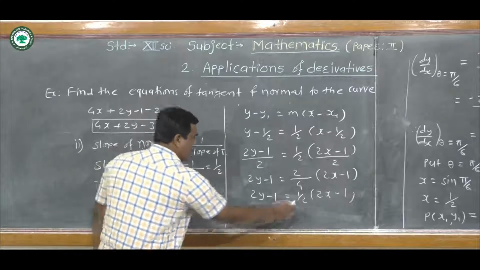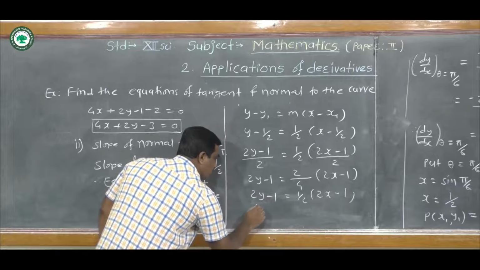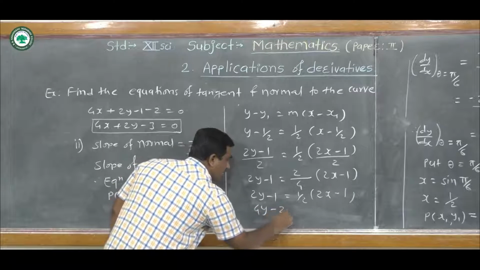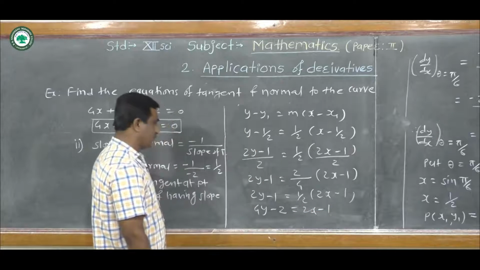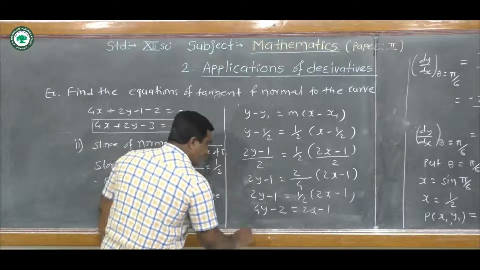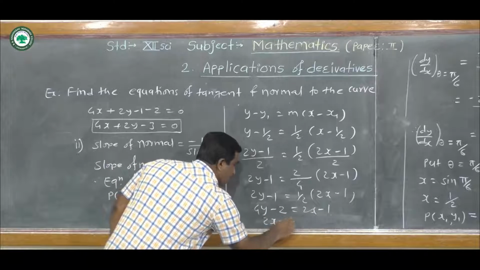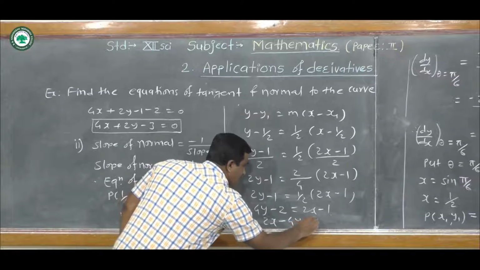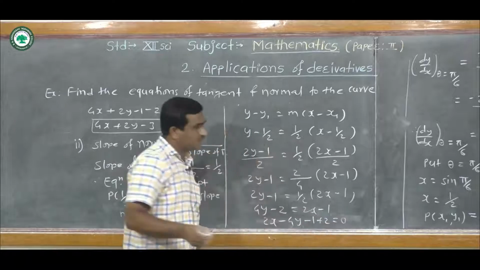Okay, now take this to the other side and multiply these two terms: 2 into 2, 4y minus 2 equal to 2x minus 1. That is, we can write, take these two terms to the other side, 2x minus 4y minus 1 as it is, minus 2 becomes plus 2, equal to 0.